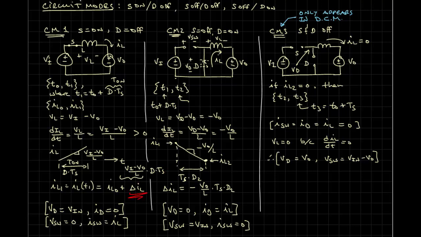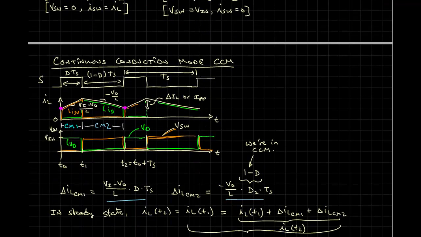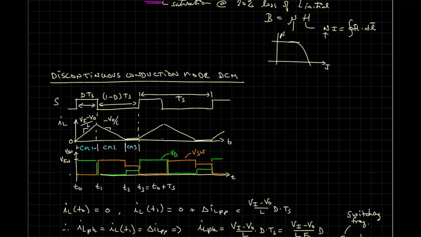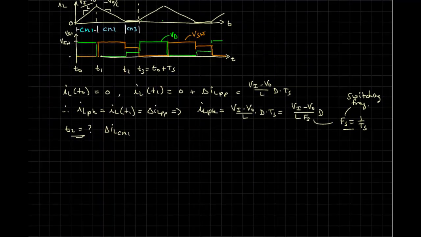That's delta IL CM1, if you will, and delta IL CM2. These must be equal to each other in magnitude, because, again, it starts at 0, it's going to end up at 0.